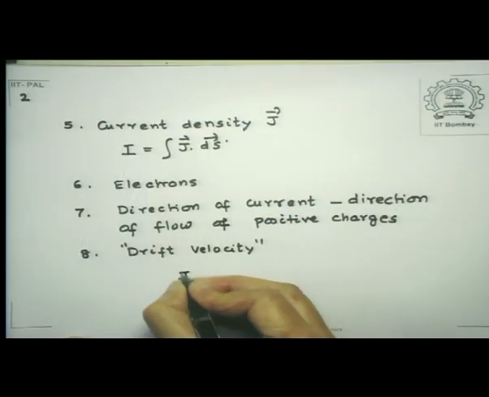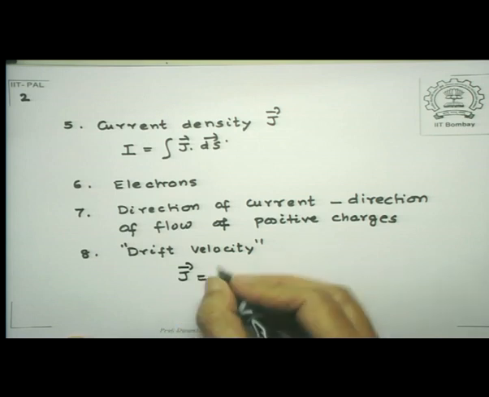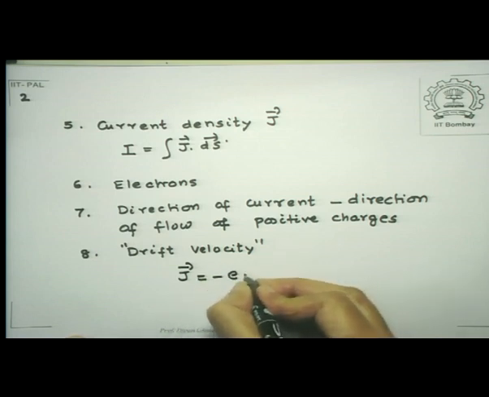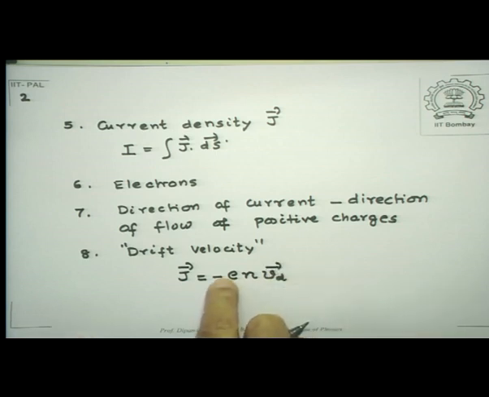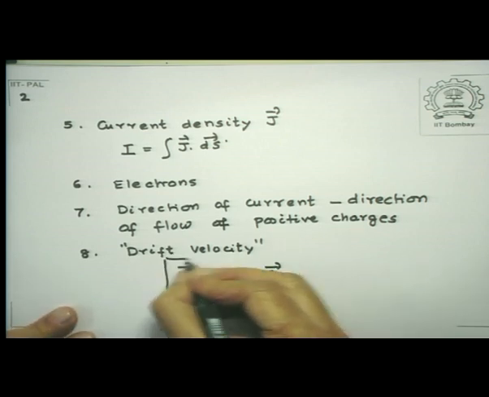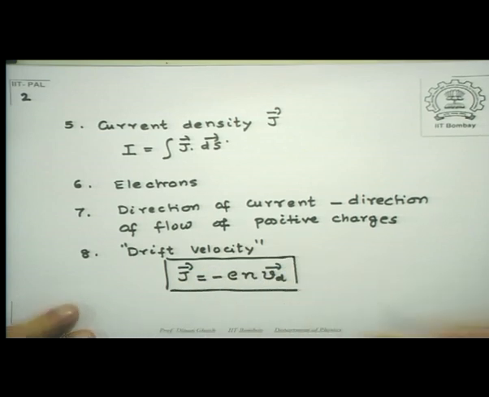We also obtained the relationship between the current density and the drift velocity: j equals minus e n Vd, where the minus sign is because we are talking about the drift velocity of electrons, e is the charge of an electron and n is the number density of the electrons. So this is the relationship between drift velocity and the current density. Here e is the magnitude of the electronic charge, which is 1.6 into 10 to the minus 19 coulomb.